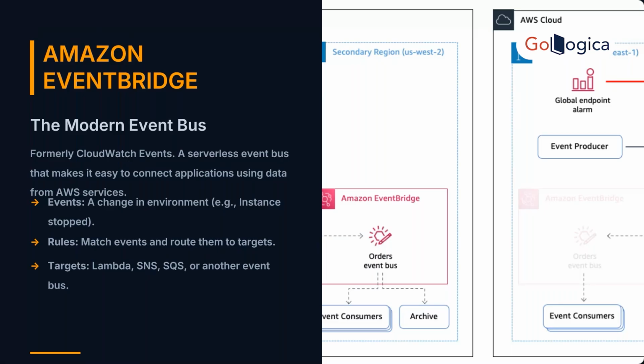That is how we generally use EventBridge. We can create a workflow that will trigger based on a certain event taking place. An event is just any change taking place in the environment.